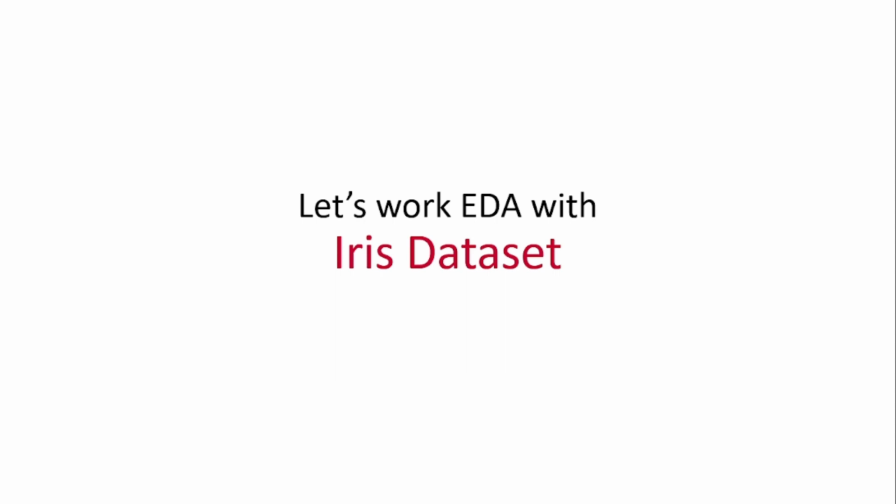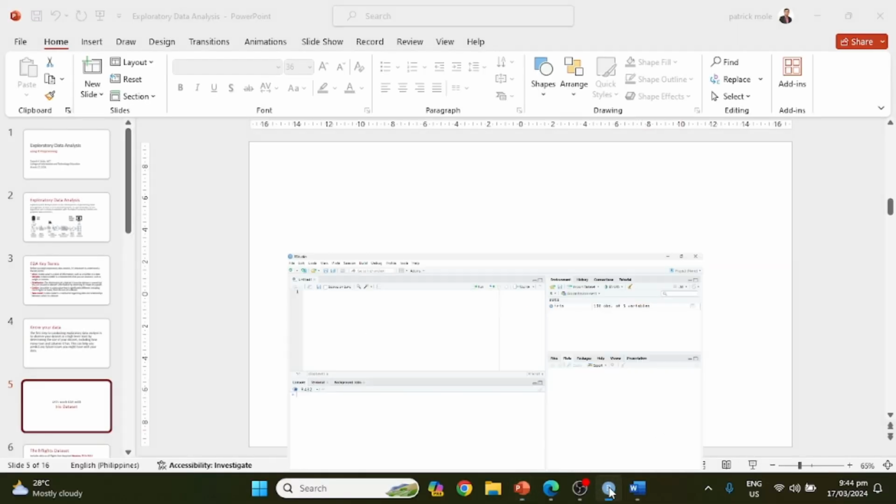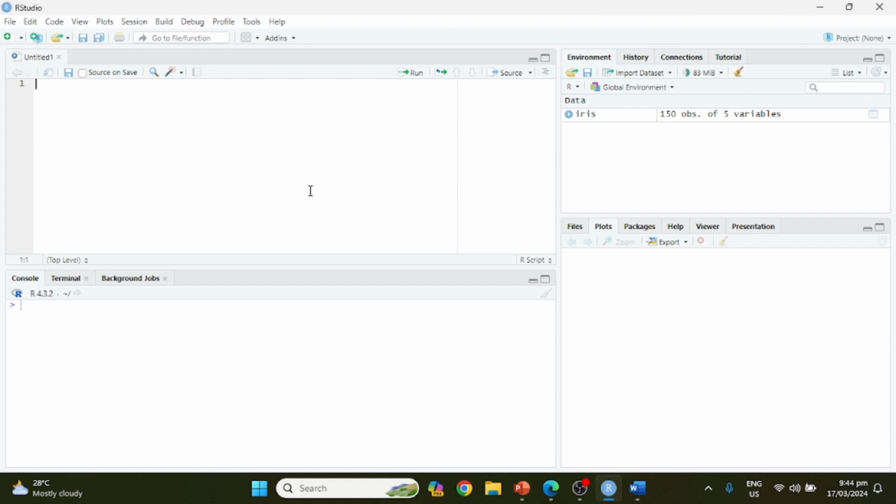Alright, so let's do some hands-on, and we're going to work with a simple EDA using the IRIS dataset. So now I am going to open my RStudio, and let us try to conduct EDA using the IRIS dataset.